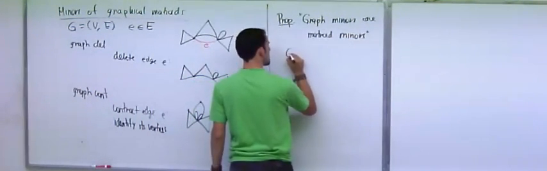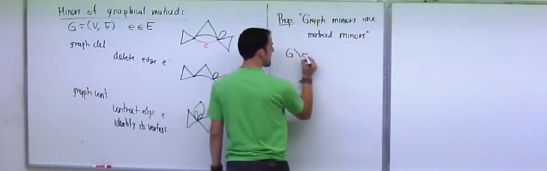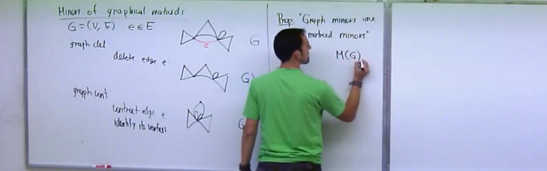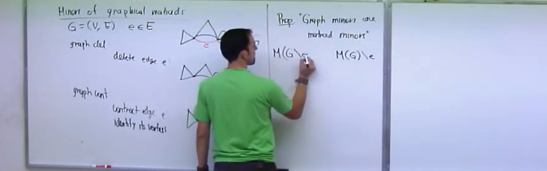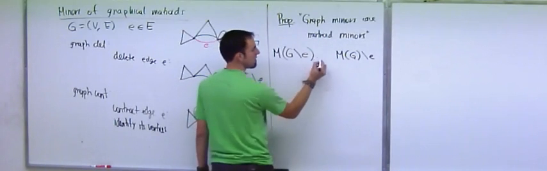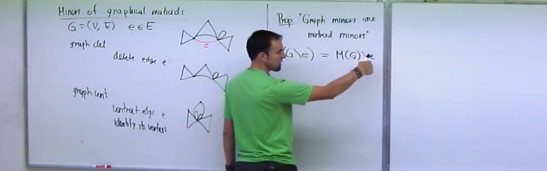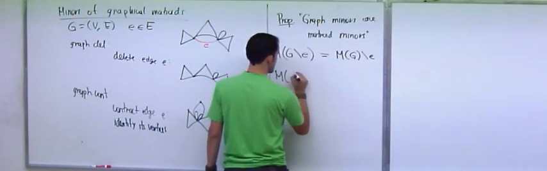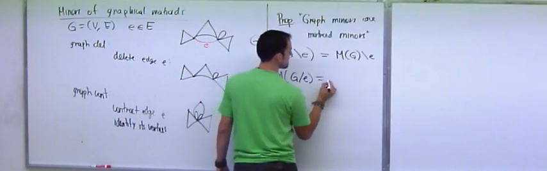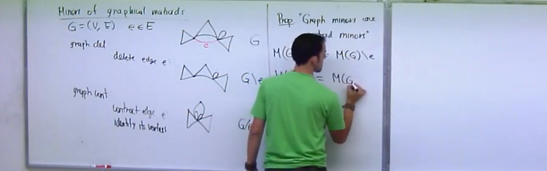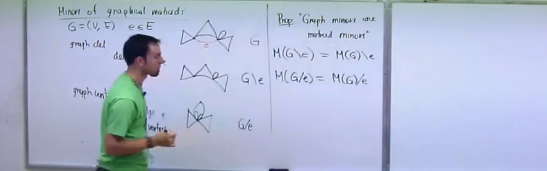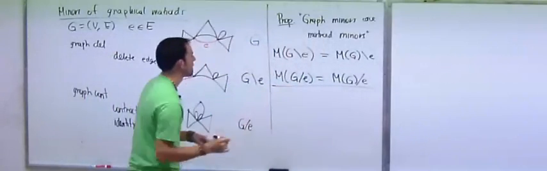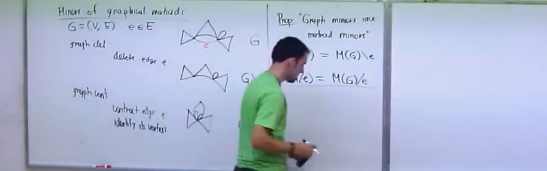If you take your graph and delete edge E, it is the same as deleting E from the matroid. In other words, the matroid of the graph with the edge deleted is the matroid obtained by deleting the edge from the matroid. And the other way around, the matroid of contracting edge E in the graph is the same thing as contracting the element E of the matroid. Okay? So let's prove that.